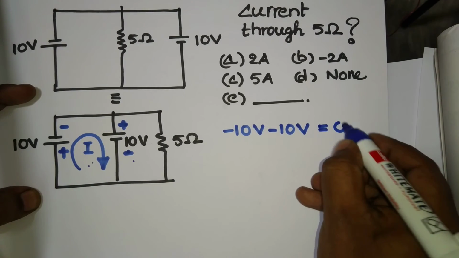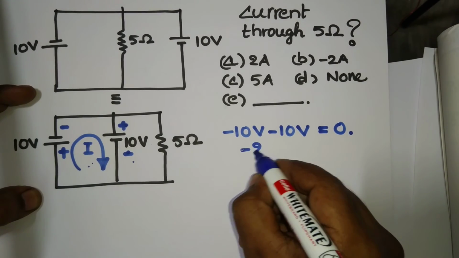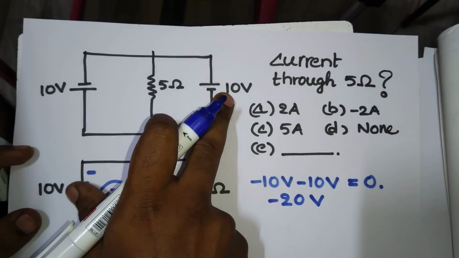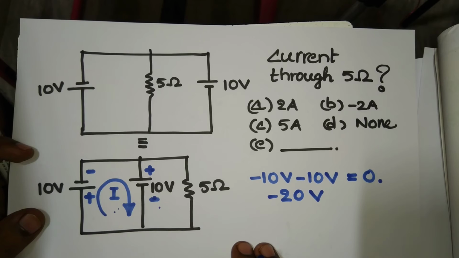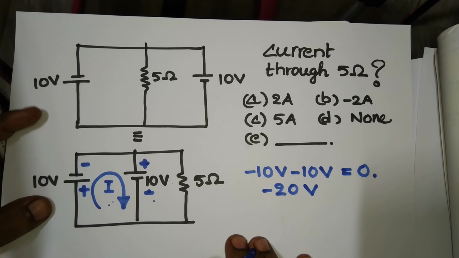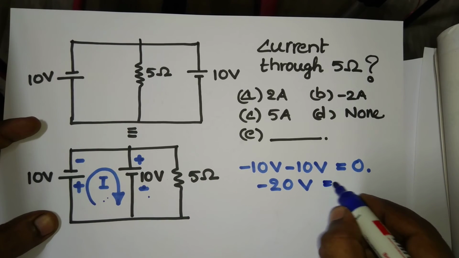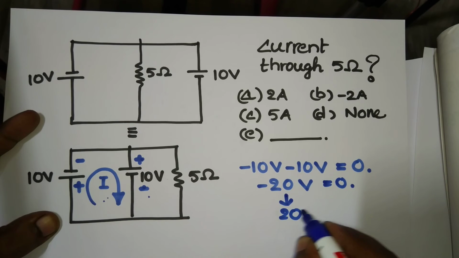This must equal 0. Unfortunately, in the initial run we saw the same sources and felt we were in the safe zone, but please do compute the further steps. Now we got minus 20 volt equal to 0, or 20 equal to 0.